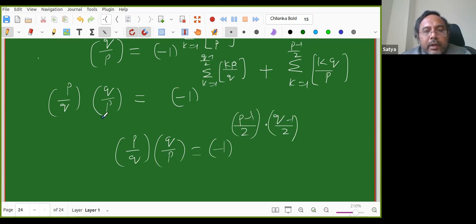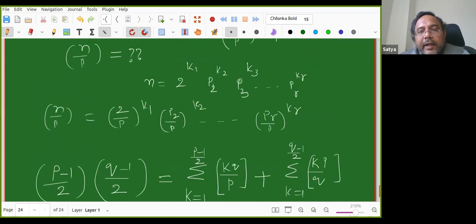So these two are the same, so the exponents should be the same. That is the idea of Eisenstein.